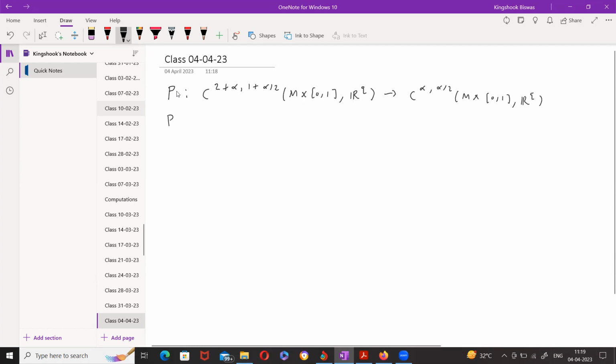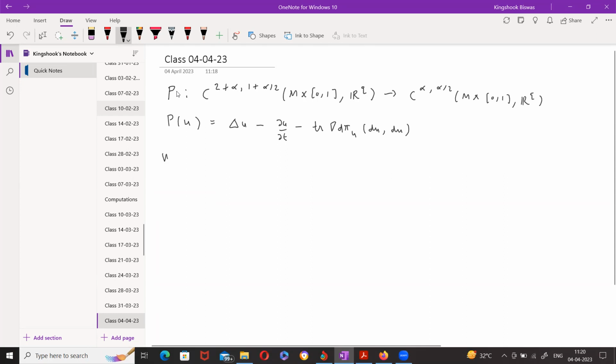P of U is Laplacian U minus del U del T minus trace of nabla d pi at U of dU dU.